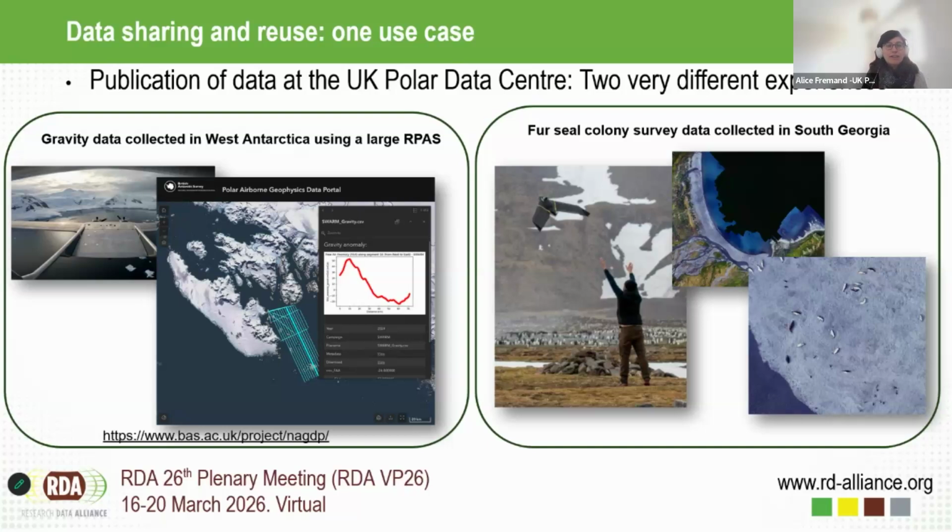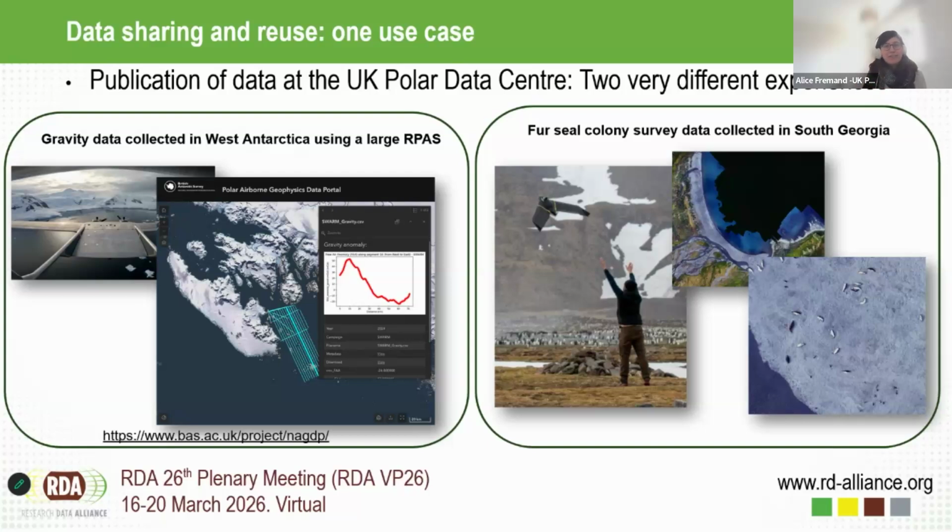We could publish the data using our Polar Airborne Geophysics Data Portal, where we followed exactly what we used to do for aircraft. And the scientists were really used to using a collection checklist, and they had all their procedures already in place.